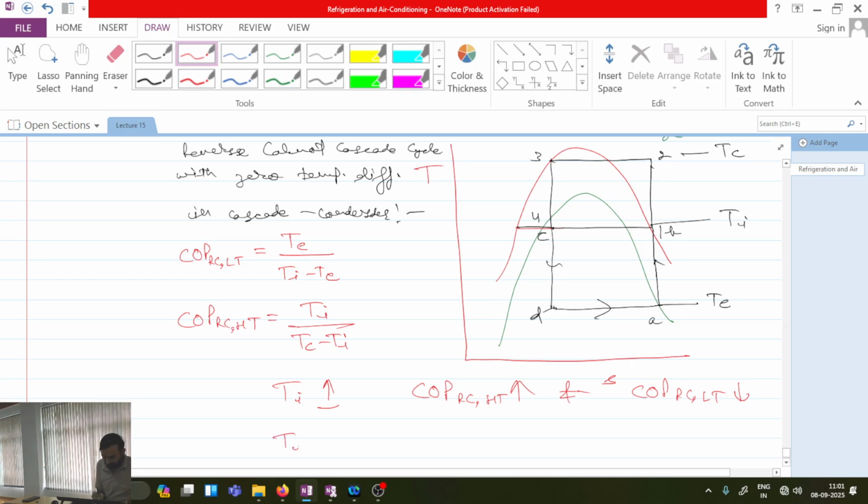If I decrease Ti, then the COP of RCHT will decrease and the COP of RCLT will increase.